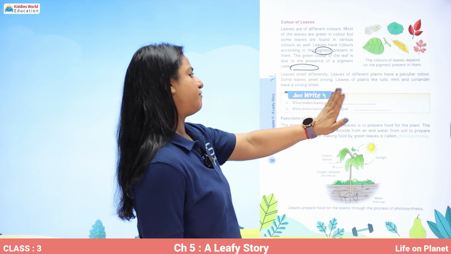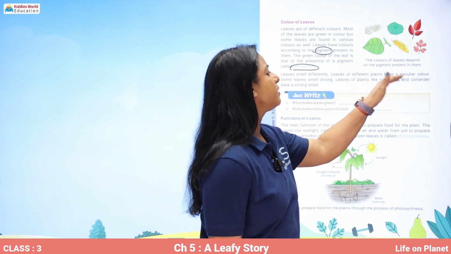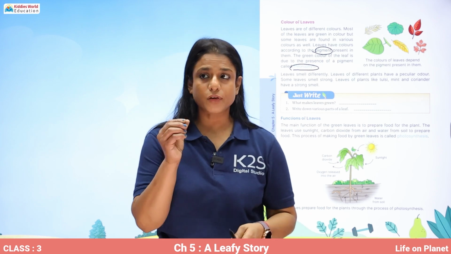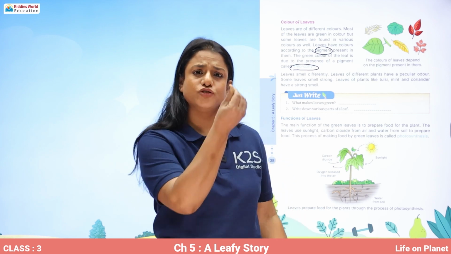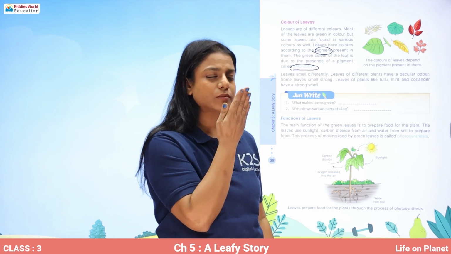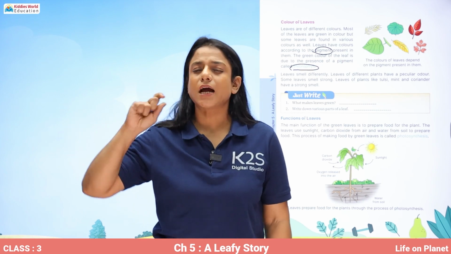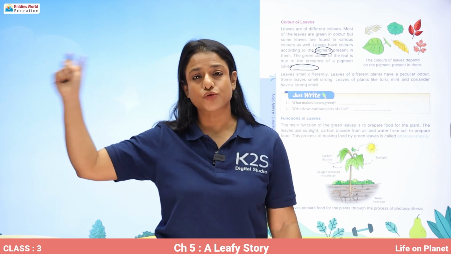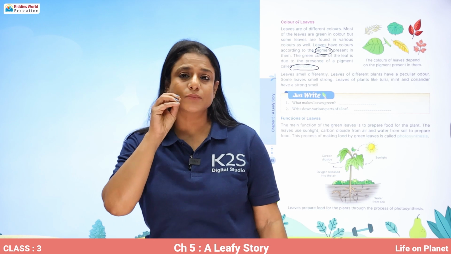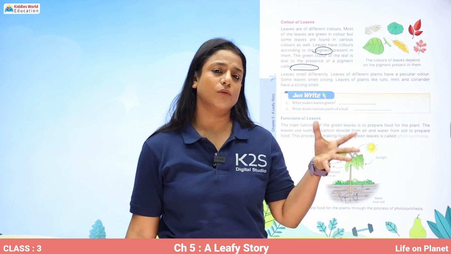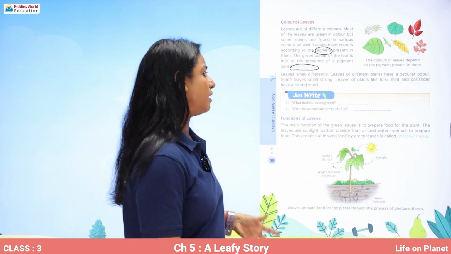Leaves smell differently. Leaves of different plants have a peculiar odor. So, if you take a leaf and rub it in your fingers and smell it, some leaves have such a strong smell that just by smelling the leaf, we can tell the name of the plant.